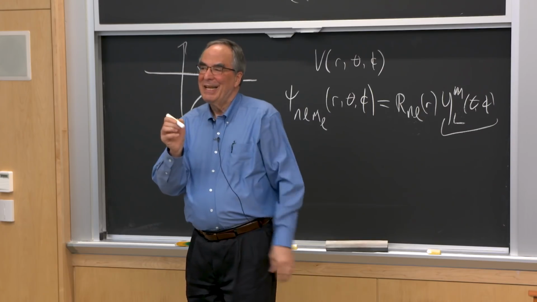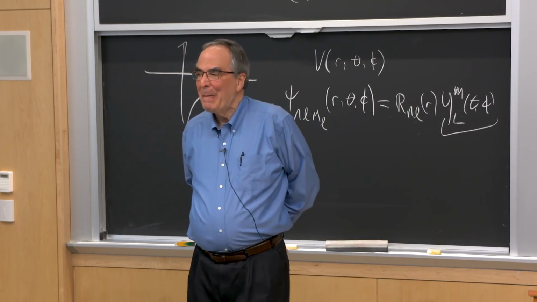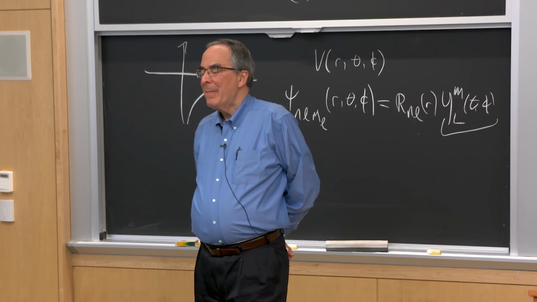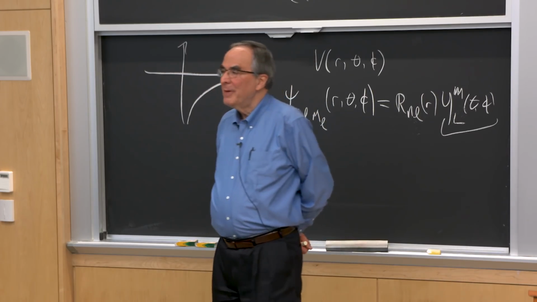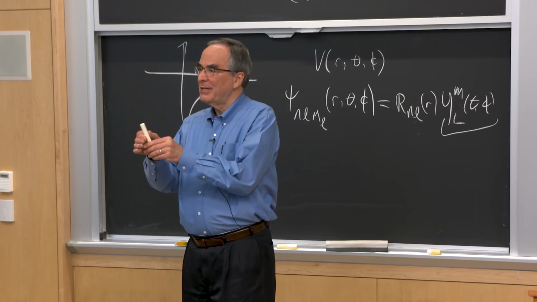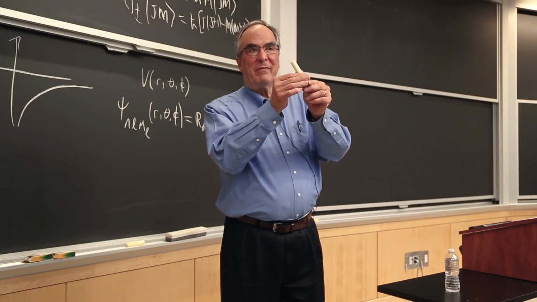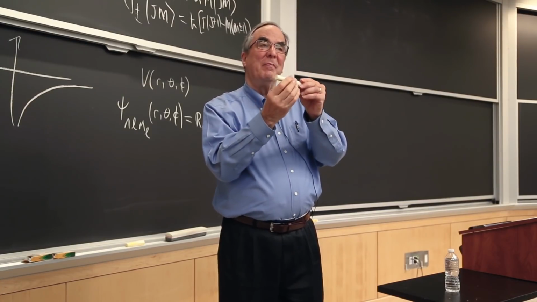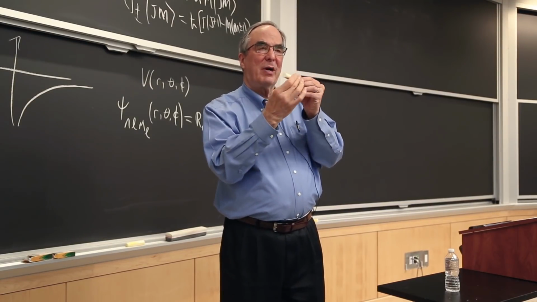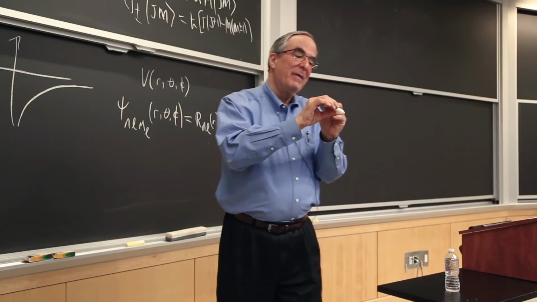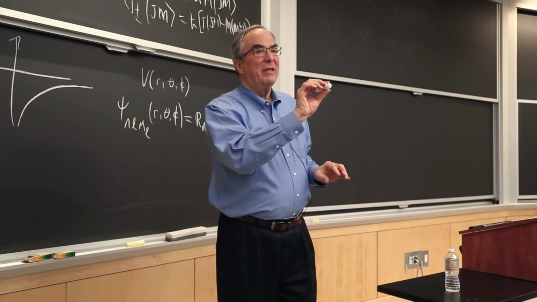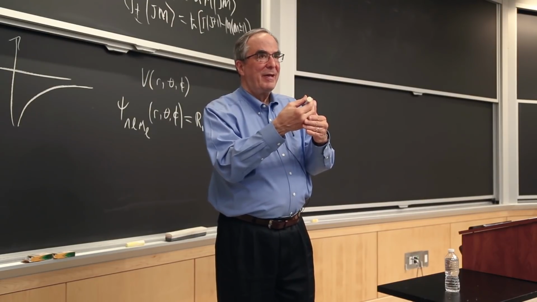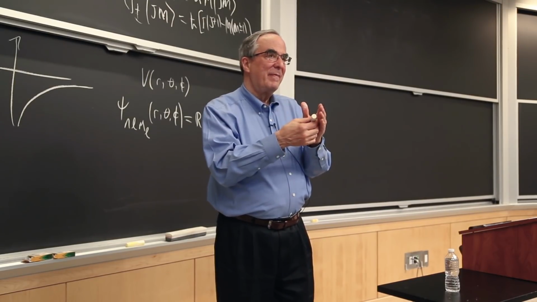Well, it depends on if you're talking about the nodes as the probability density of the rotor, like where the axis is. That's true, but that's where the axis is determined by theta, and when theta is equal to pi over 2, you're in the xy plane, and the number of nodes in the xy plane is M. I see. Or absolute value of M.